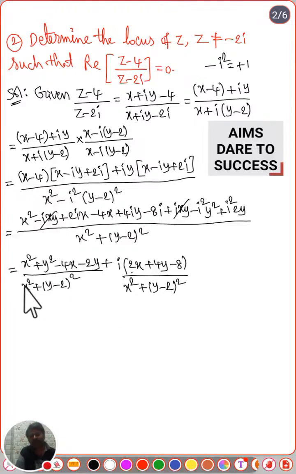So every question you can continue like this. Why? Because real part separate, imaginary part separate. Okay, split. What is the given value, my dears?